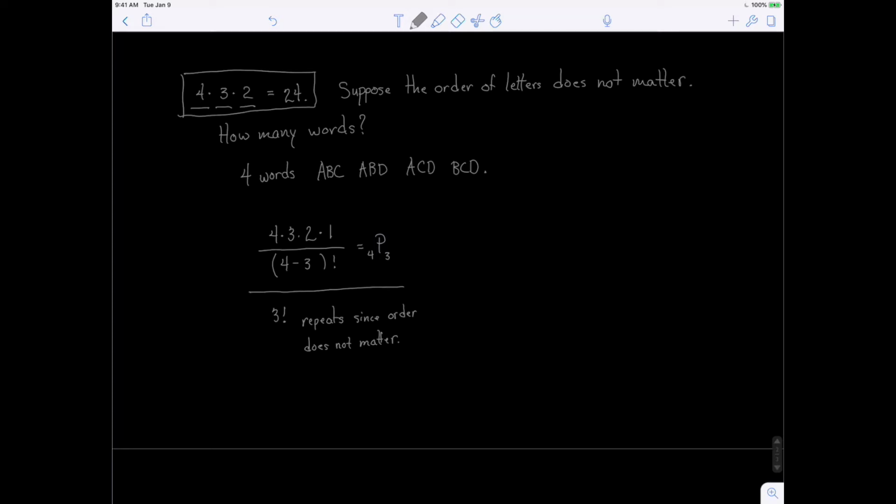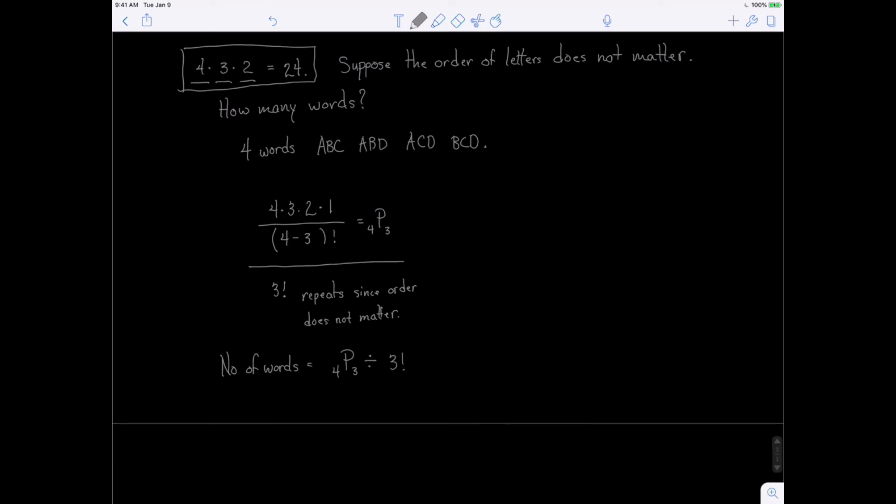So in other words, what we've done is this. The total number of words we said was, well, it's 4 permute 3. And then we divided that by 3 factorial.